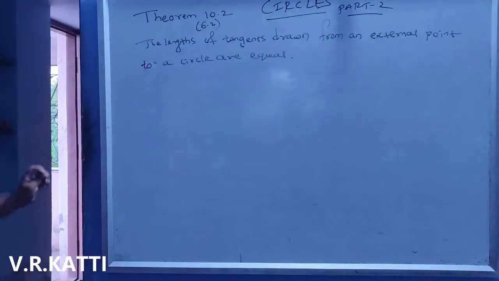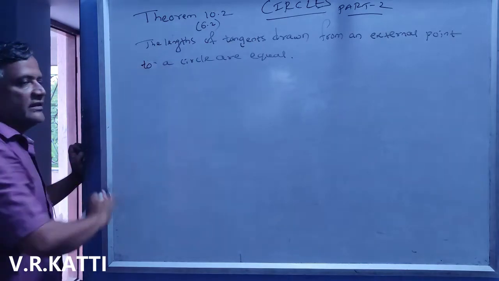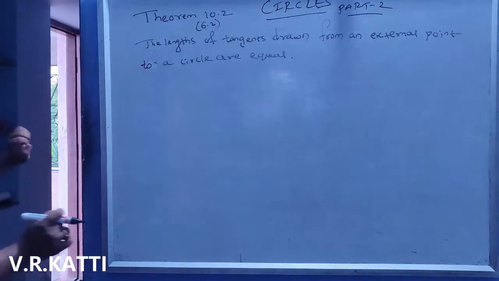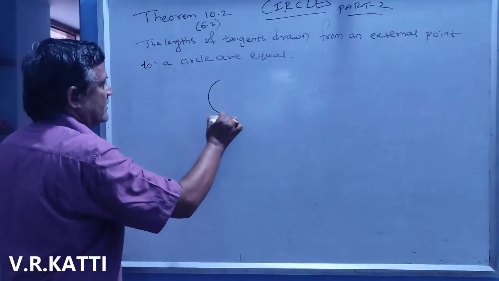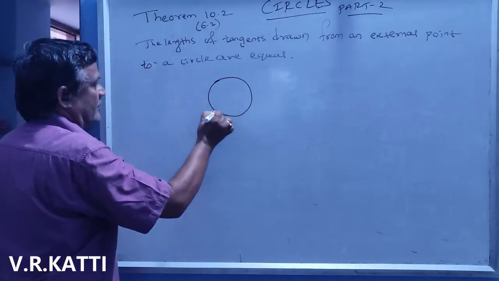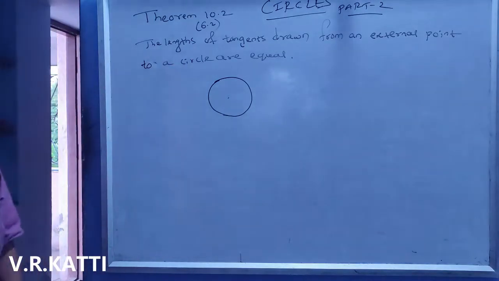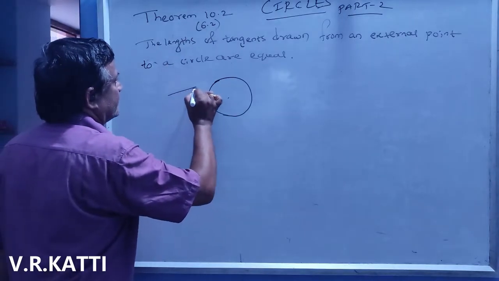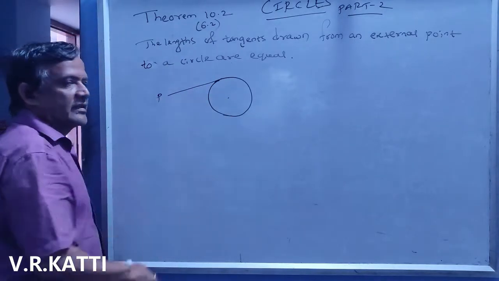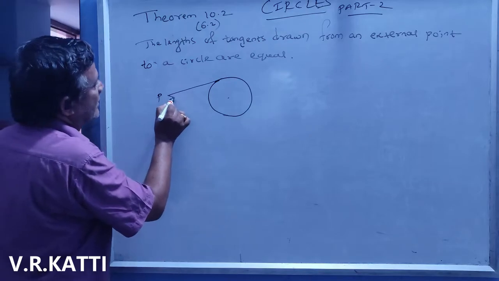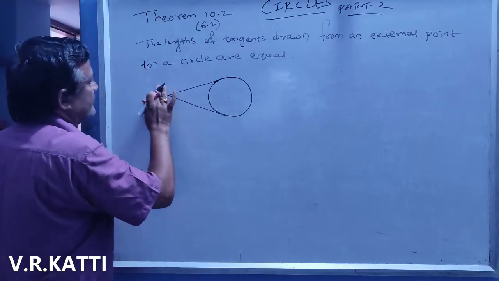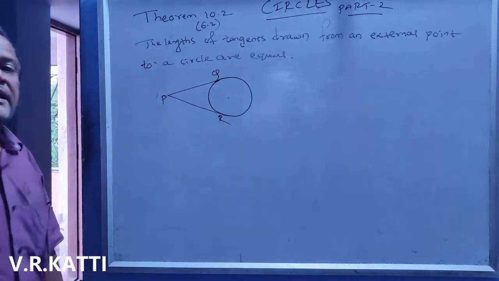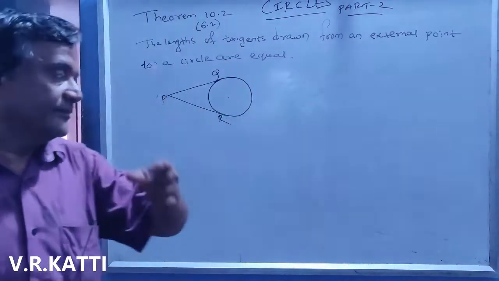First, you have to do this statement. First, draw a circle. Let us take P as an external point. Draw two tangents from the external point, let them be PQ and PR.